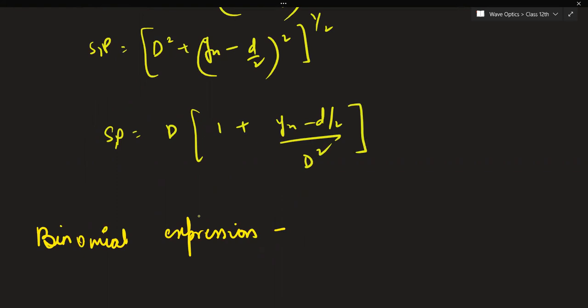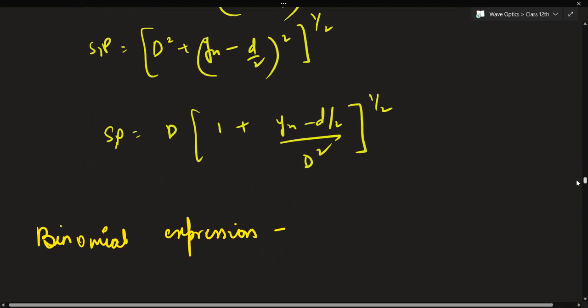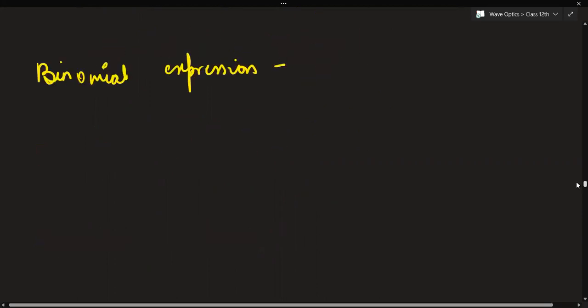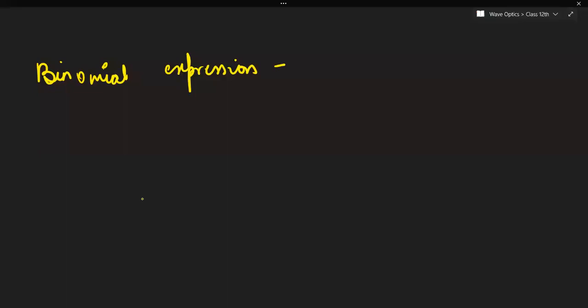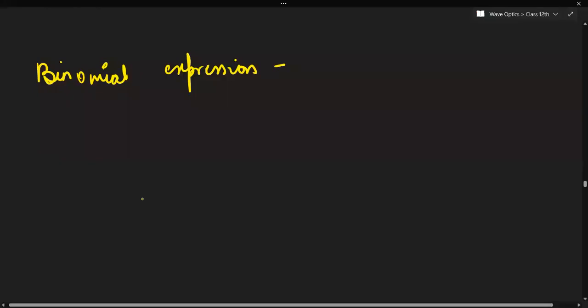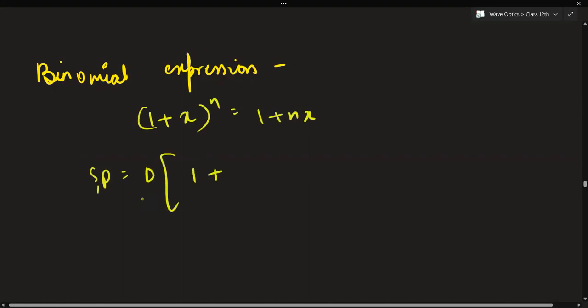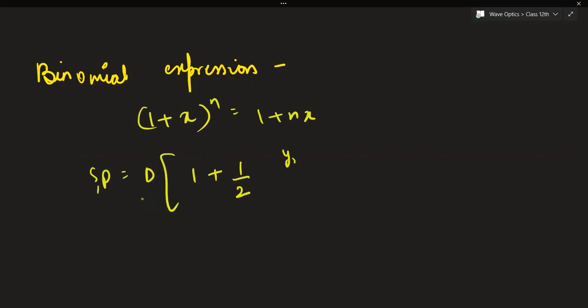Now the binomial expression is 1 plus x to the power n is equal to 1 plus nx. So S1P is D times 1 plus half of yn minus d by 2 whole square by D square, to the power half.